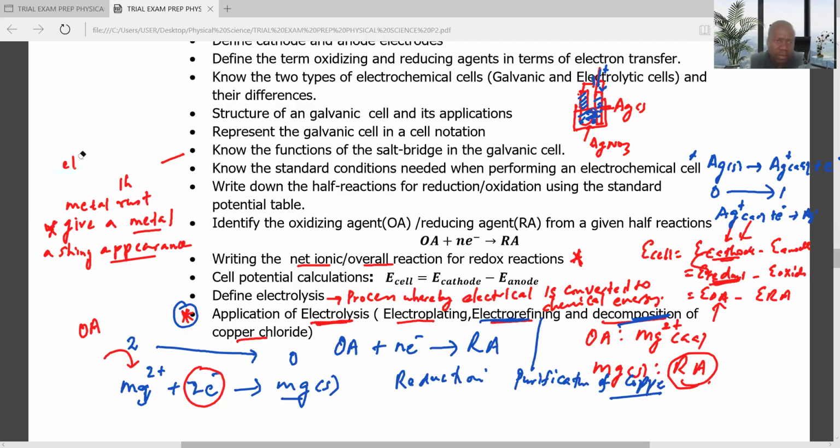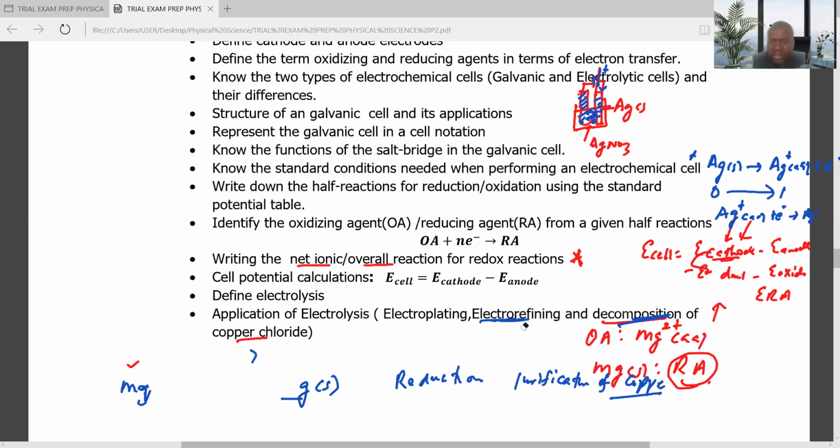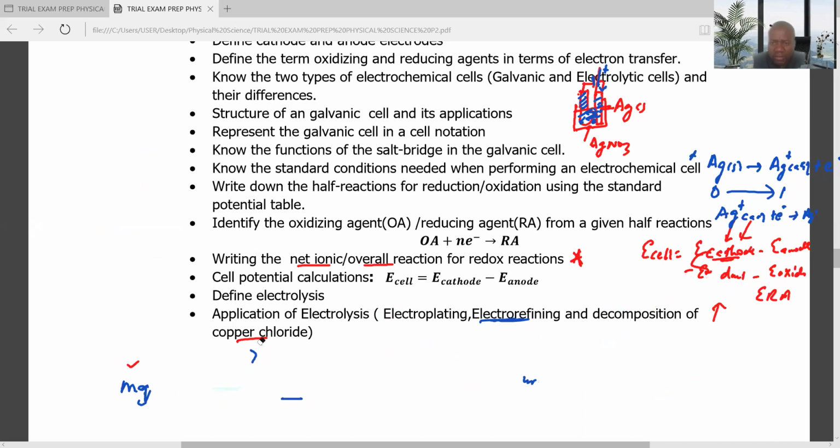Another thing, I just want to talk about the standard potential of a cell. I think this one you are used to. You understand how it works. It will be easier for me to continue with it.